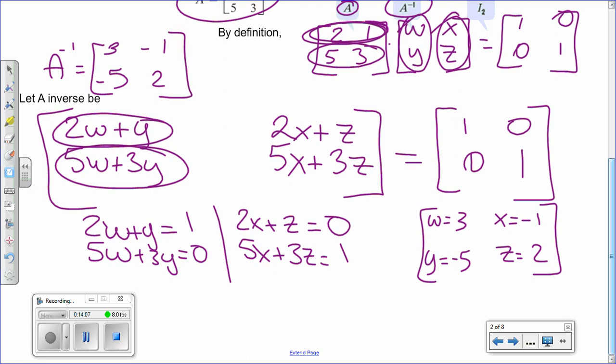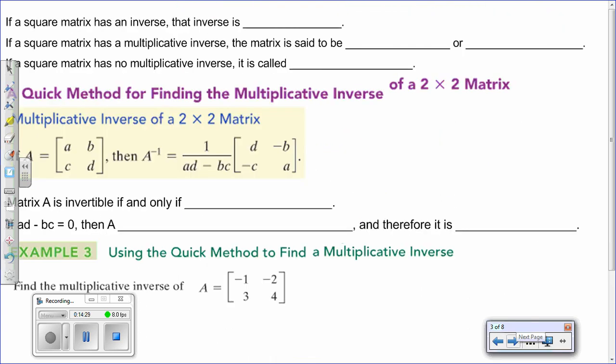So imagine how complicated it would be to find it if it was a 3 by 3 system. We will have a total of 9 equations. So we will have 3 systems of 3 equations each. So there are formulas and shortcuts to find inverses besides the calculator, of course. Okay, so that is the quick method to find the multiplicative inverse of a 2 by 2 matrix. We're going to do the example in a minute.